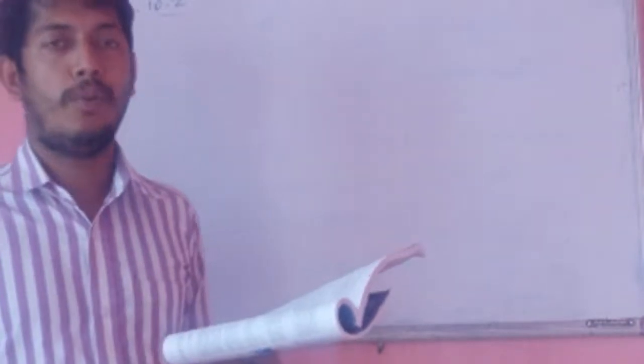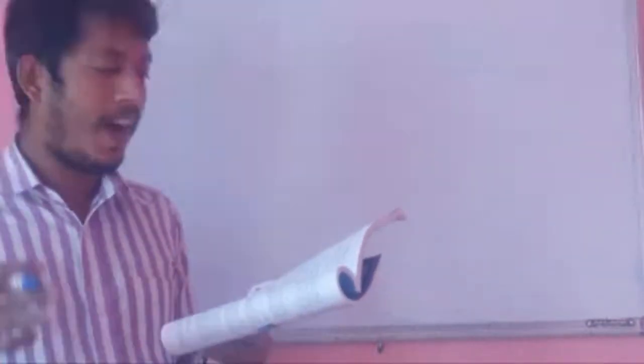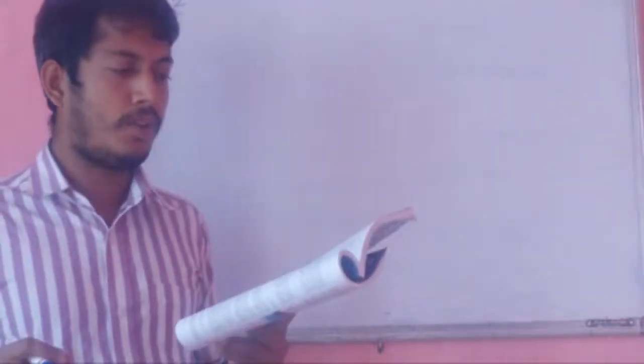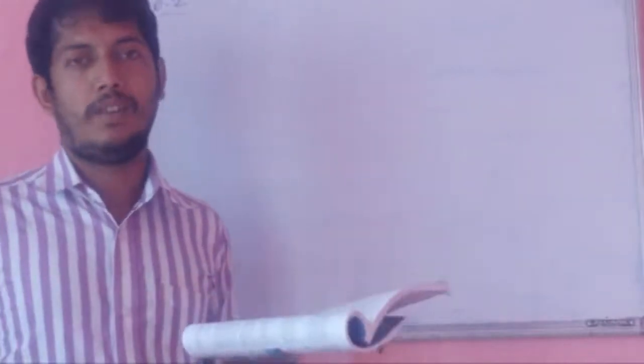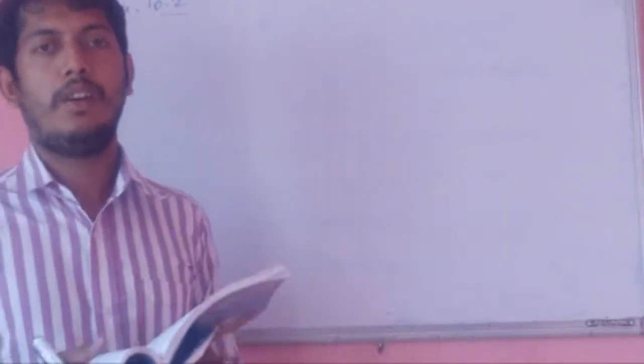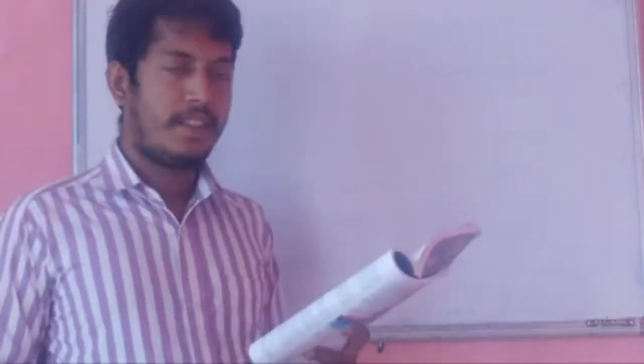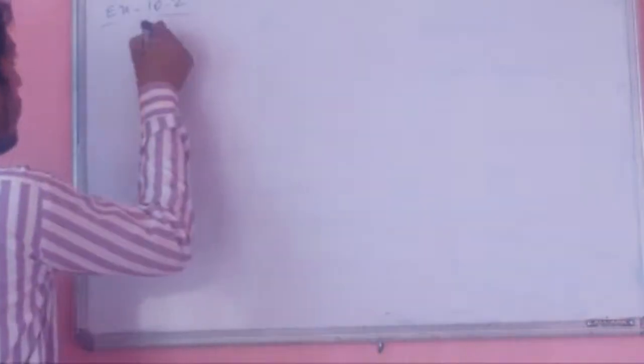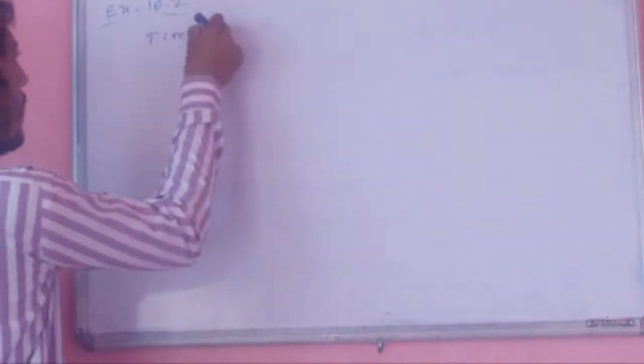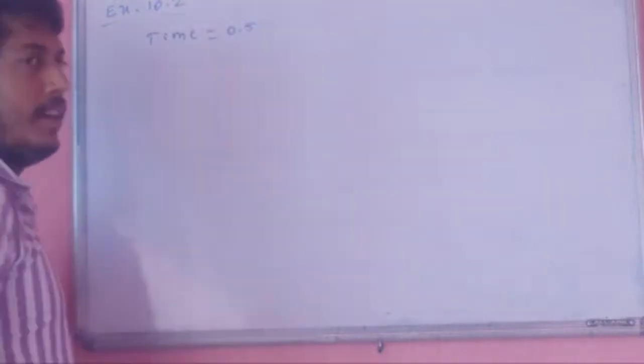And the third is how high is the ledge from the ground, that means the height or distance of the object from the ground. First I will write the given data. Time equals 0.5 second, or we can consider half a second.